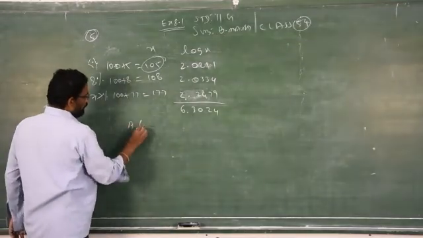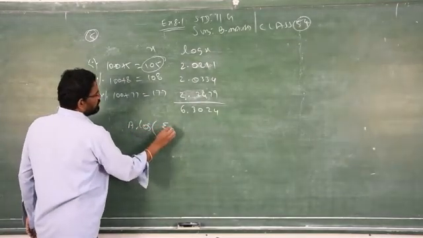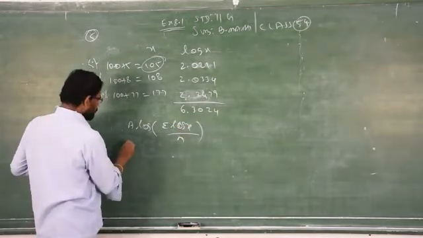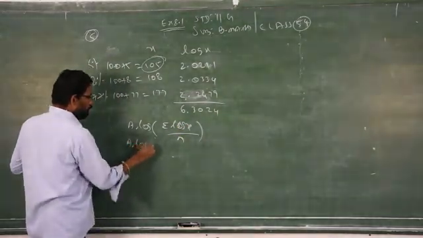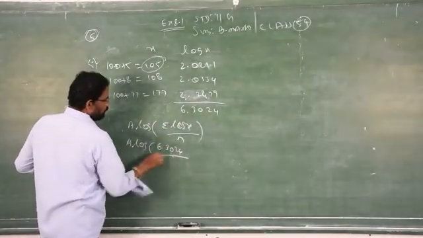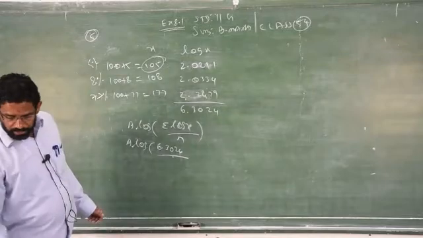So what is the formula for ungrouped data? That is antilog of summation log X by small n. So summation log X is how much? 6.3024. What is our n? n is given as 3.